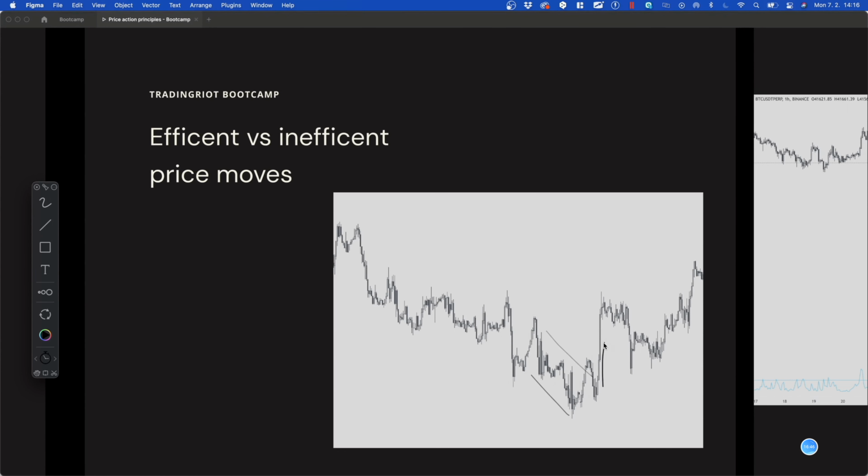A new piece of information comes in, this inefficient move happens, it gets retraced and tested, and the market moves back up. Obviously, if you haven't figured it out yet, these inefficient moves are the opportunities where you want to be buying and selling.